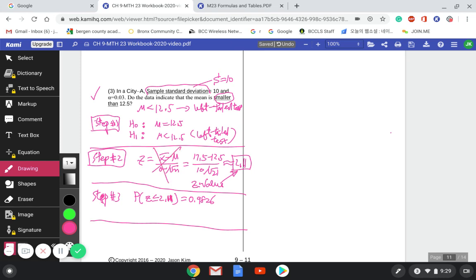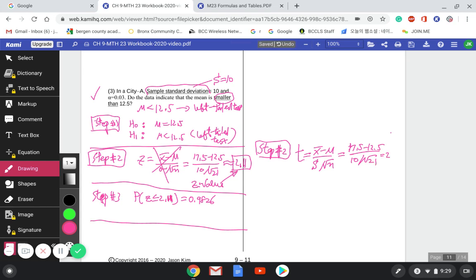So your step 2 changes. In step number 2, we call it T value. T value is x bar minus mu divided by S, divided by square root of n. When you do that, in this particular question only, you will have the same answer anyway, because S was same as 10.